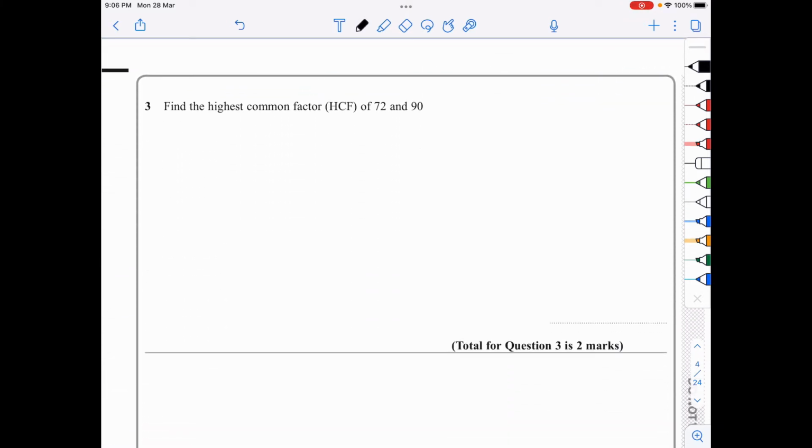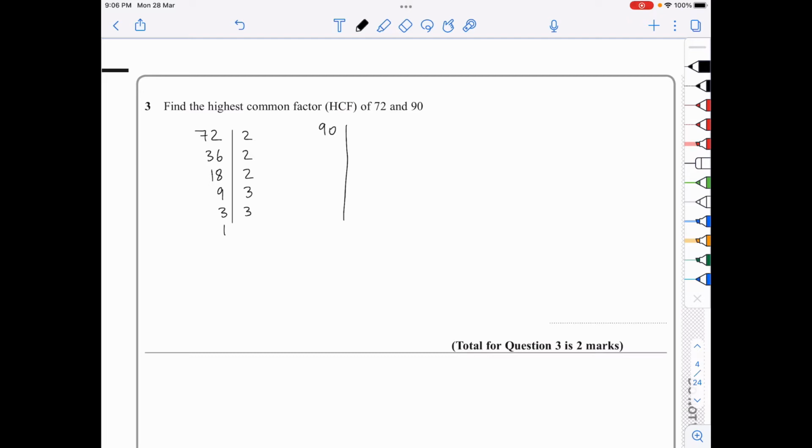Question 3, we're being asked to find the highest common factor of 72 and 90. I will start by splitting 72 into prime numbers. So 72 over 2 is 36, over 2 is 18, over 2 is 9, 3, 3, 3, 1. I keep doing this process until I hit on 1.